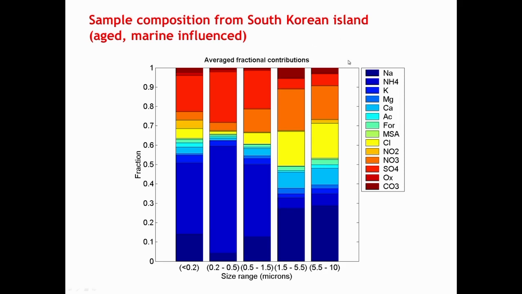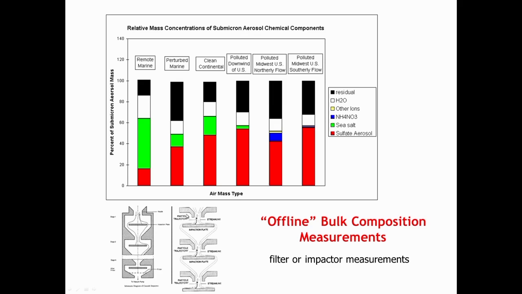If you look into more detail, with more detailed chemical analysis, you can find out more about the individual components in different size ranges. So if you look here, has anyone come across a cascade impactor before? So what happens, I need a pen, this is just no good.